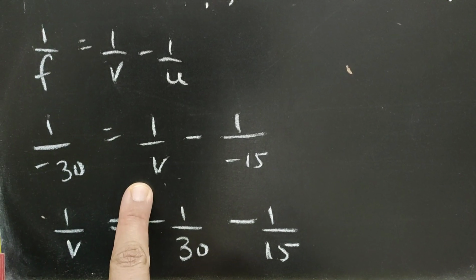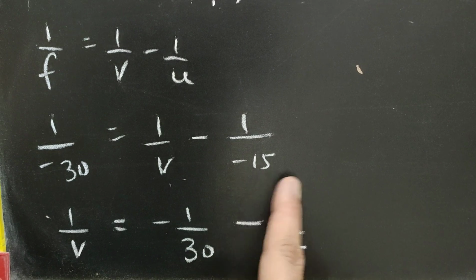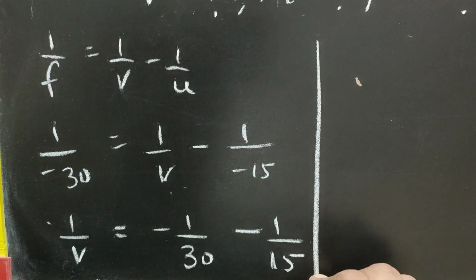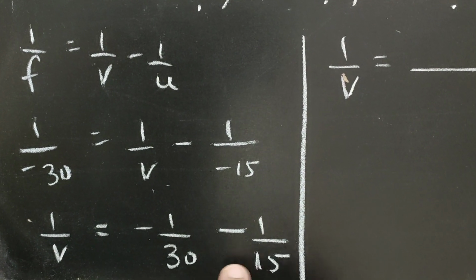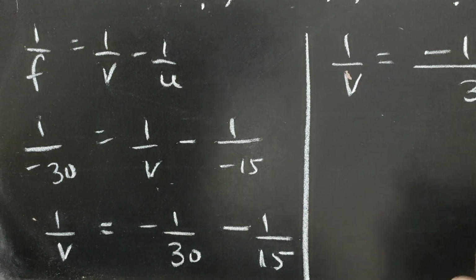1 by v I have kept on one side, minus 1 by 30 is there, and this plus 1 by 15 will go on the other side and become minus 1 by 15. So when I solve for v, taking the LCM as you can see here 30, it becomes this.